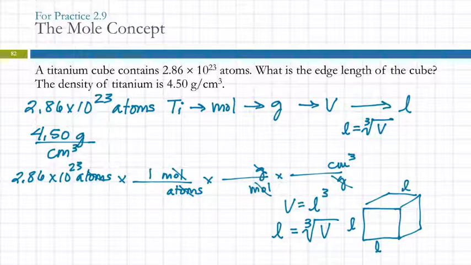So moles to atoms is Avogadro's number. Grams to moles is the molar mass of titanium, 47.867. And this last term is the density.